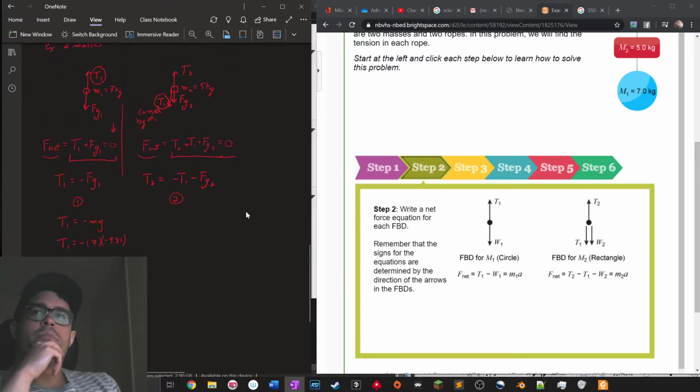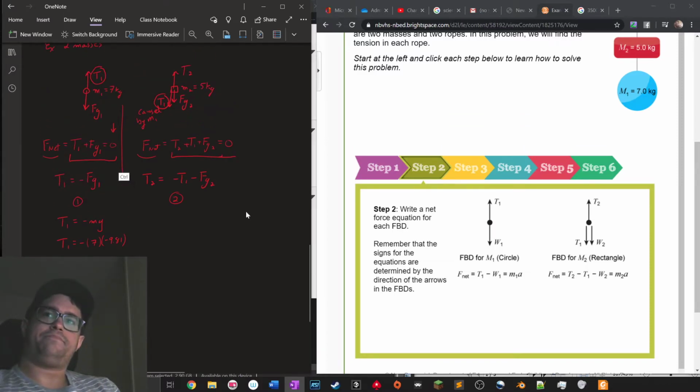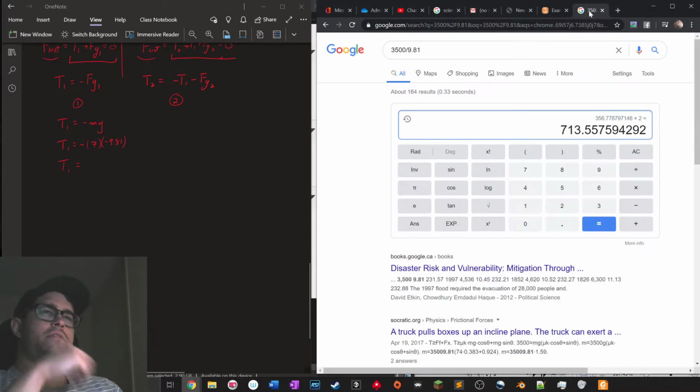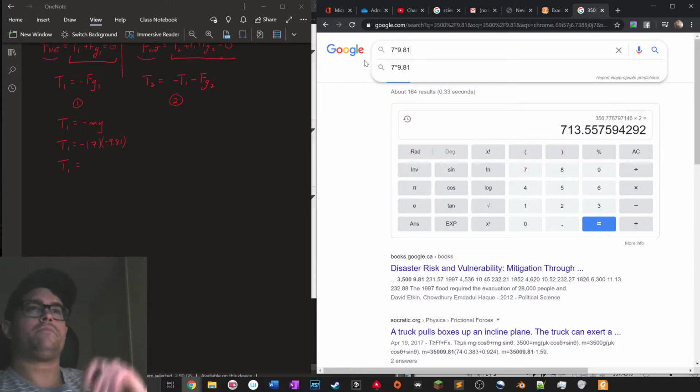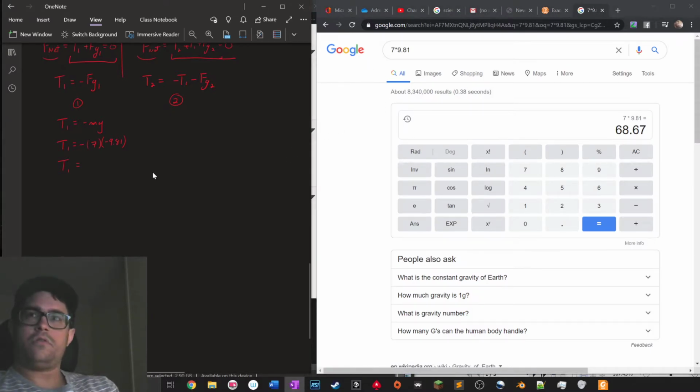Again, we did not put the minus here, so we have to put it here. T1 is equal to minus, cancel out, 7 times 9.81 is 68.67 Newtons.